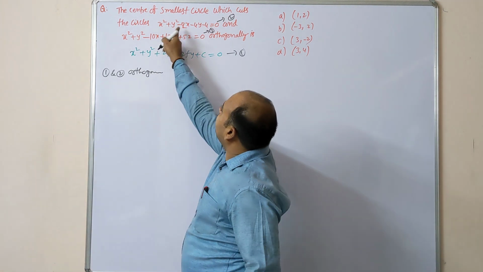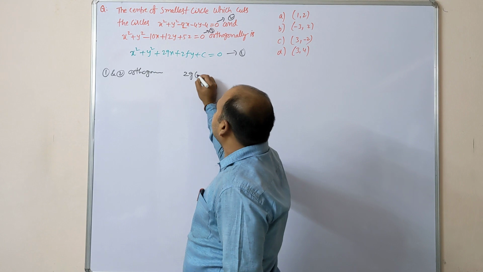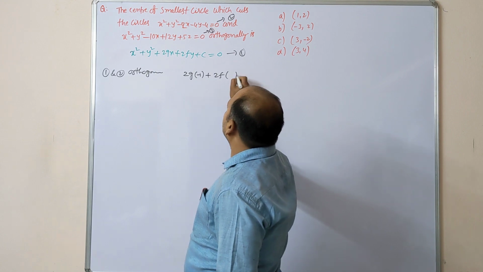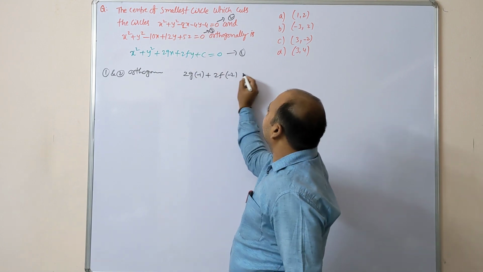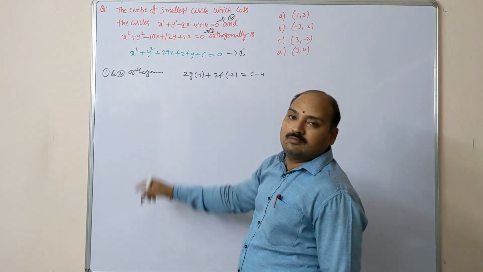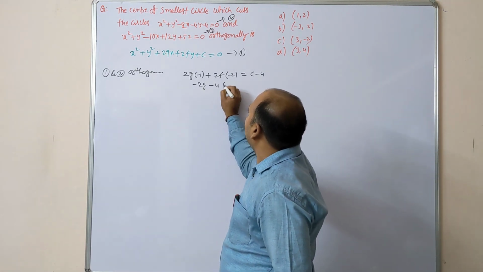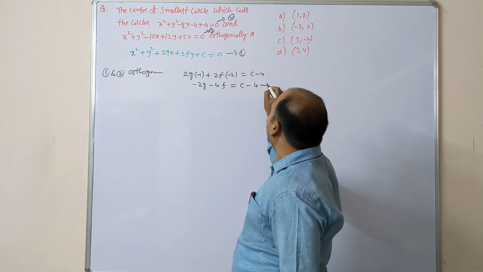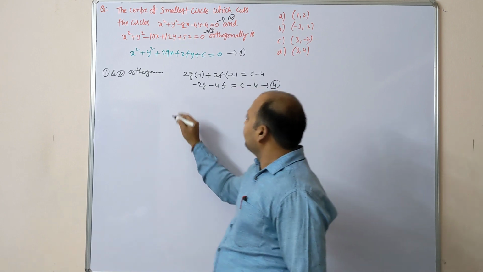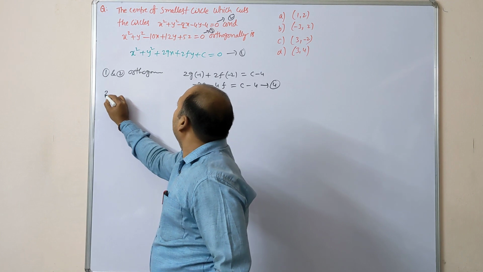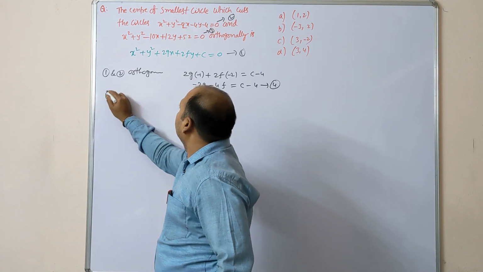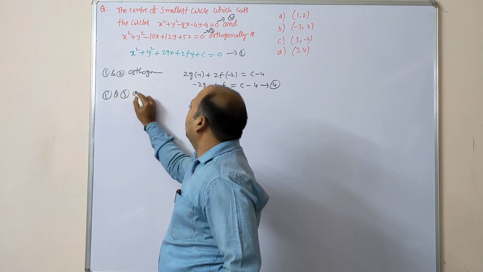2g into g dash, from the second equation I am taking, minus 1, plus 2f into f dash, minus 2, equal to c minus 4. So minus 2g minus 4f equal to c minus 4, equation number 4. Next, equation 1 and equation 3 orthogonal.